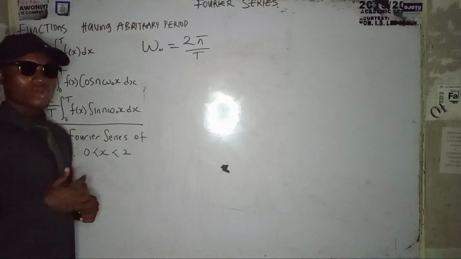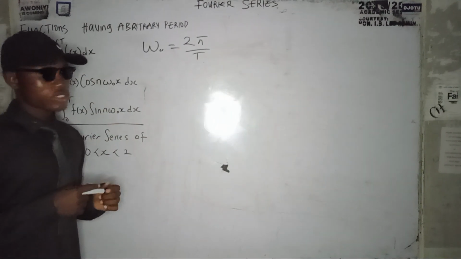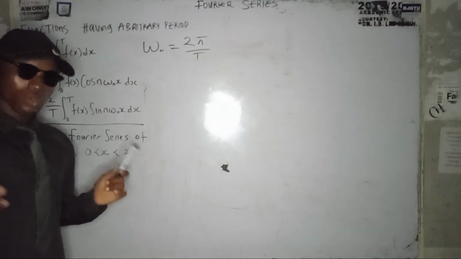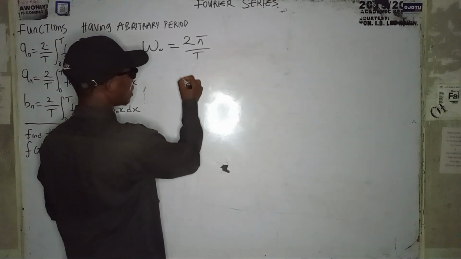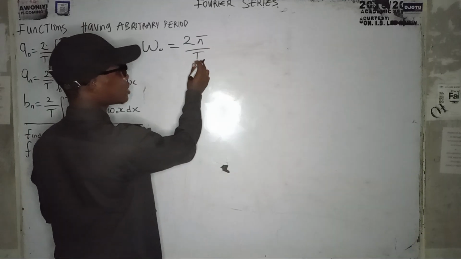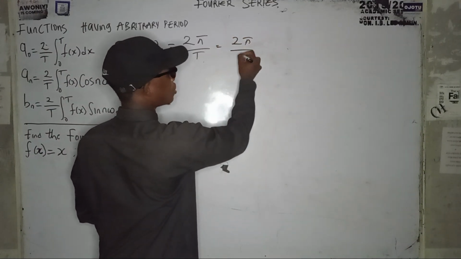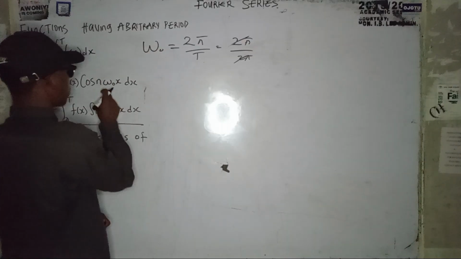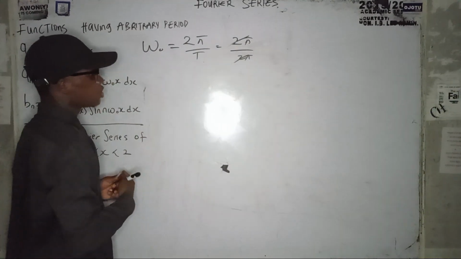This omega has always been inside the formula, but we never noticed because all the questions we have been solving had a period of 2 pi. If T is equal to 2 pi, we would have 2 pi over 2 pi, which cancels omega out, and therefore we just have cos nx. But omega has always been there.